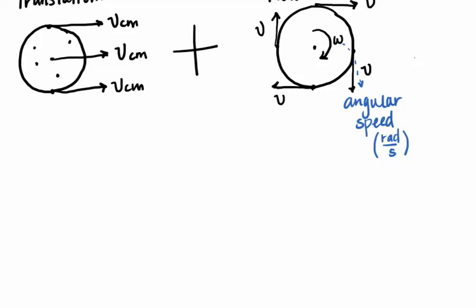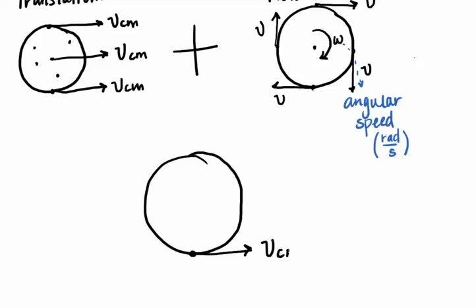So what is the net velocity of the contact point between the disc and the ramp? So if it's not going to slip, so this point right here does not slip. But this point right here has a velocity, according to the translation, that would be equal to the V center of mass.